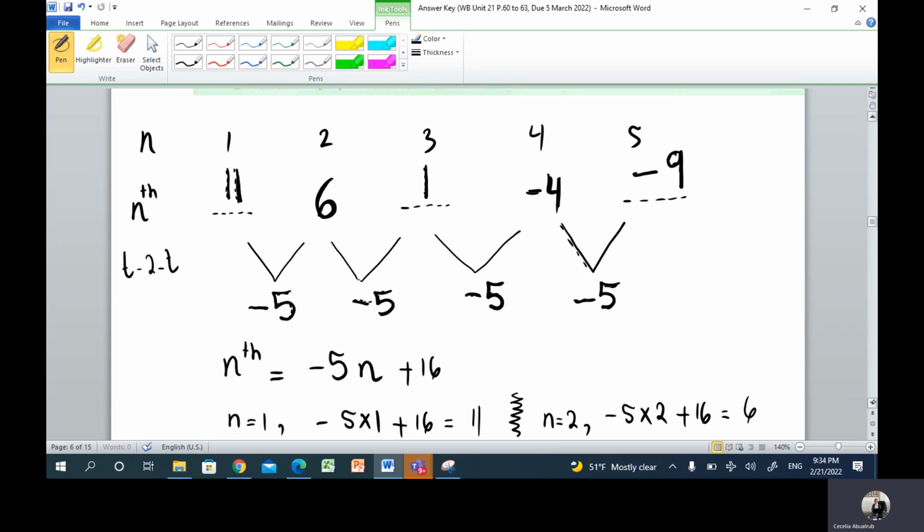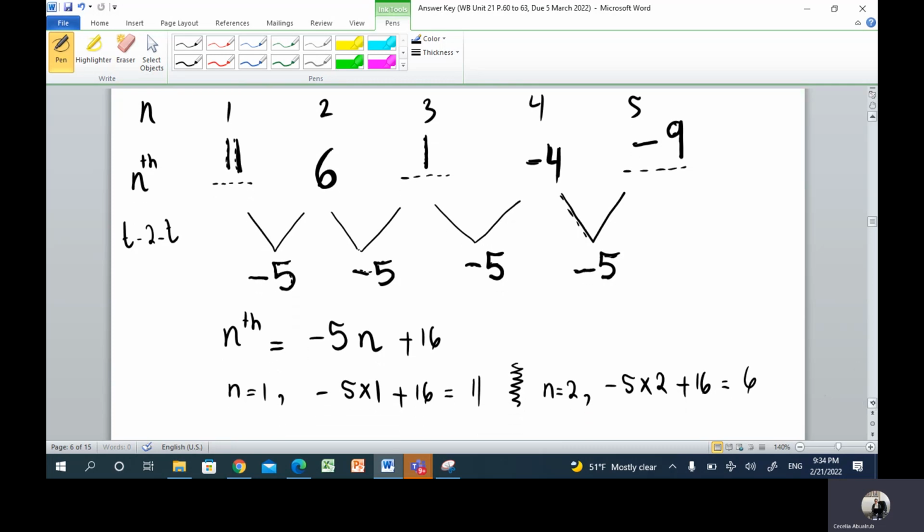Okay, let's try for the next one. If n is equal to 3, then -5 times 3 plus 16. -5 times 3 is -15 plus 16. The answer is 1. Perfect.